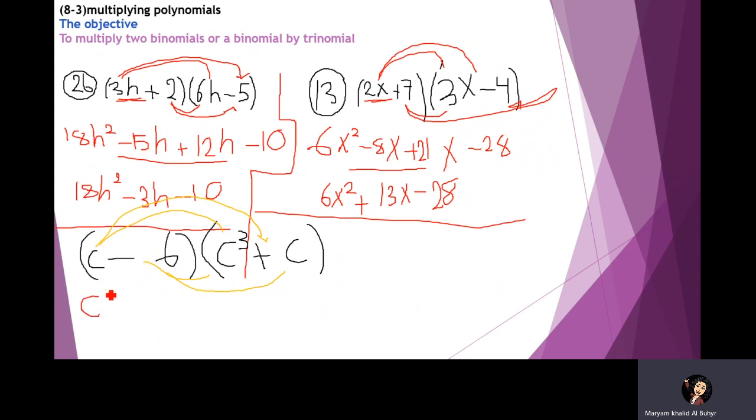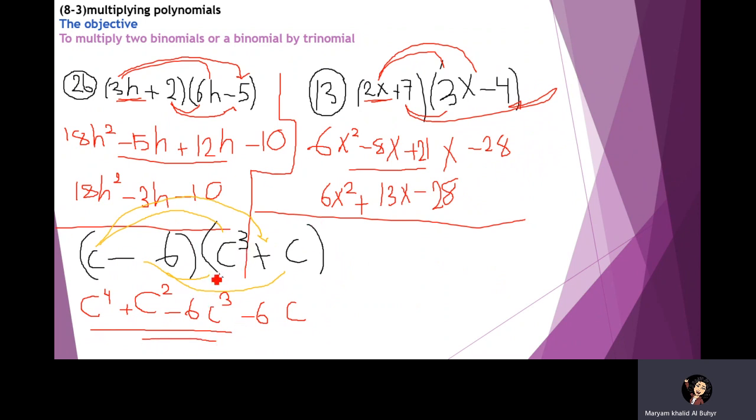So C to the power 4, plus C times C, which is C to the power 2, minus 6 times C to the power 3, so that is minus 6C to the power 3, and minus 6 times C, so that is minus 6C. Can you add anything here? You cannot add anything here.